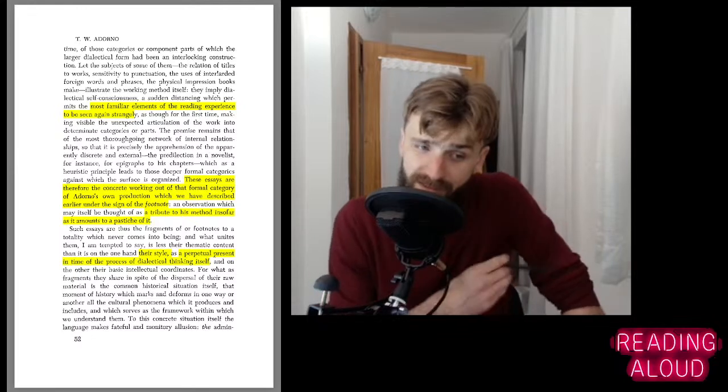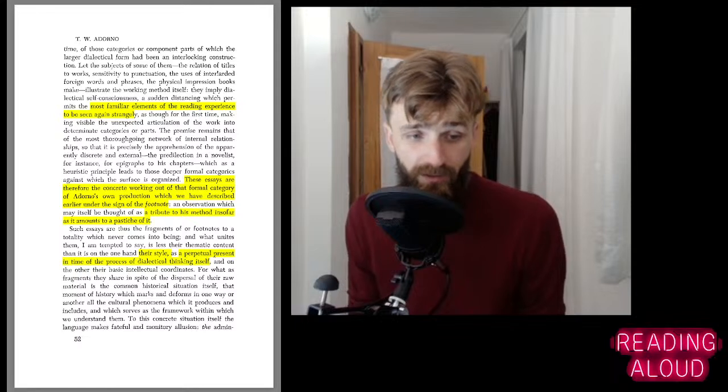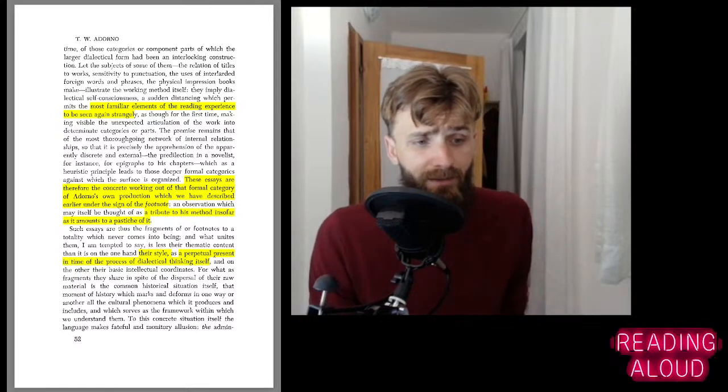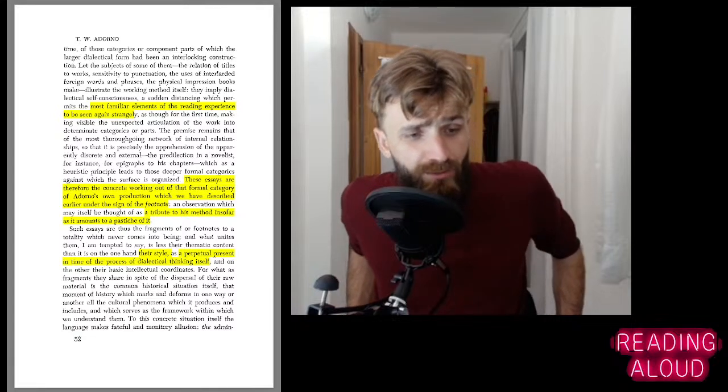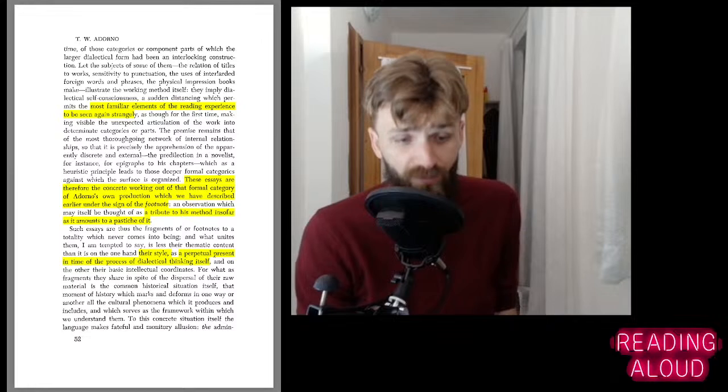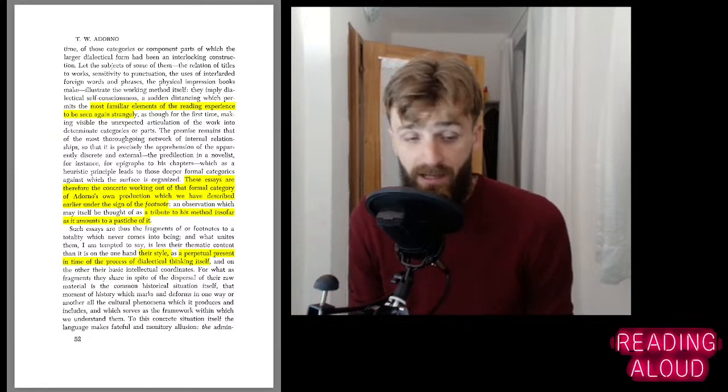For what as fragments they share, in spite of the dispersal of their raw material, is the common historical situation itself, that moment of history which marks and deforms in one way or another all the cultural phenomena which it produces and includes, which serves as the framework within which we understand them.